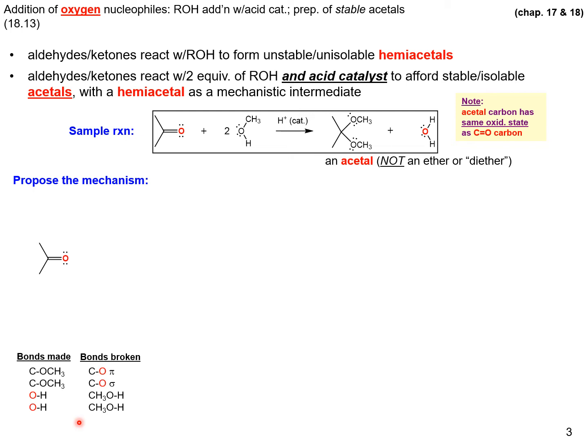If you remember from video number 1 in this chapter, under acidic conditions, the first thing that you do is you protonate the carbonyl, and you do that before the nucleophilic attack. That's because when you protonate the carbonyl, you make that carbonyl more electron poor. You make it a better electrophile, and that's illustrated by drawing this charge-separated Lewis structure, this poor Lewis structure.